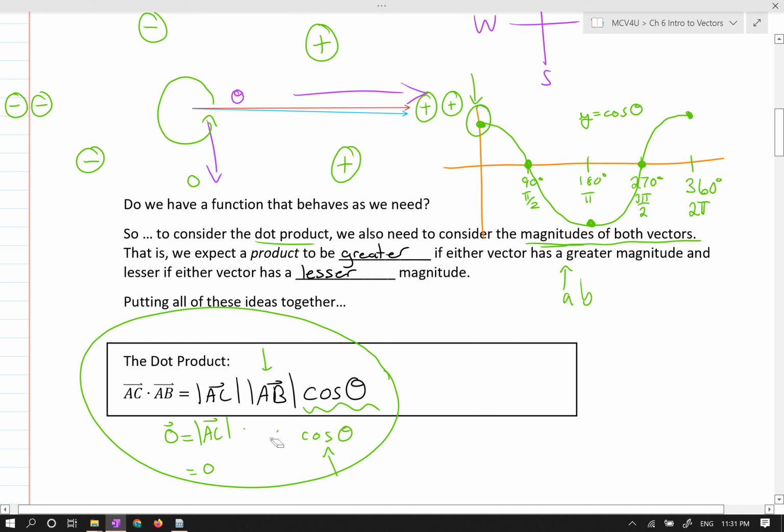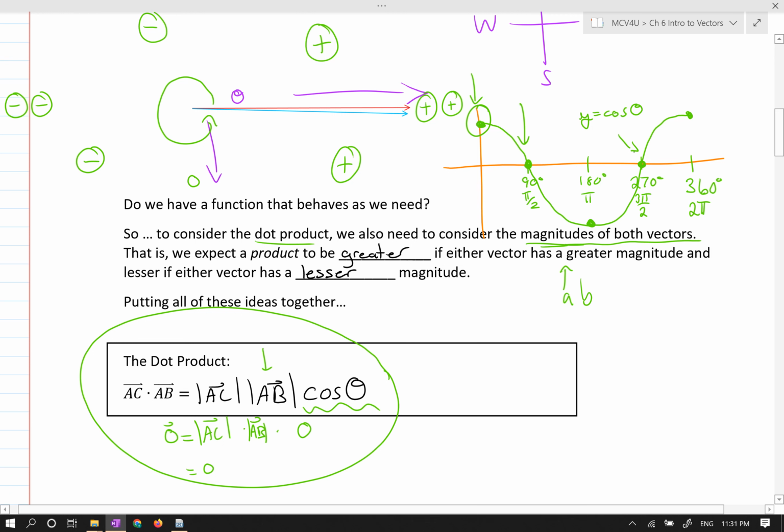And the third way that we could get our dot product to equal 0 is if the cosine of theta equals 0. Now, where does the cosine of theta equal 0? You should be a master of this, whether you've taken advanced functions before or you're taking it right now. Cosine of theta should be 0 if your theta equals 90 degrees or pi over 2, or your theta equals 270 degrees or 3 pi over 2.